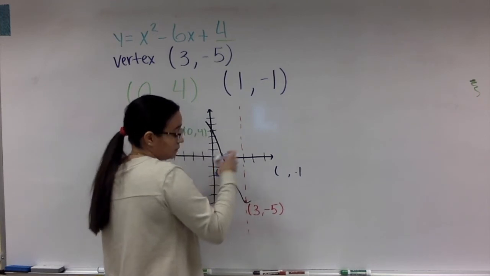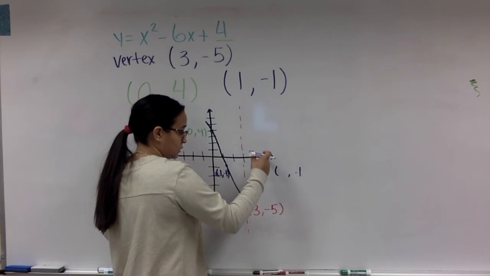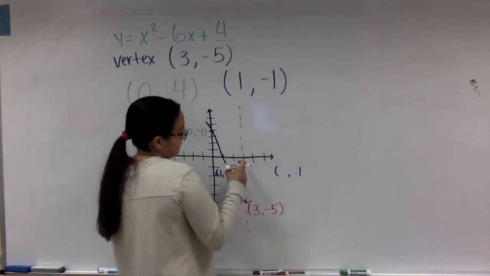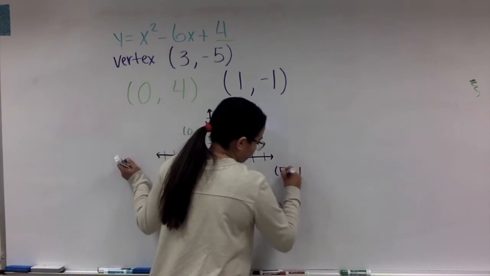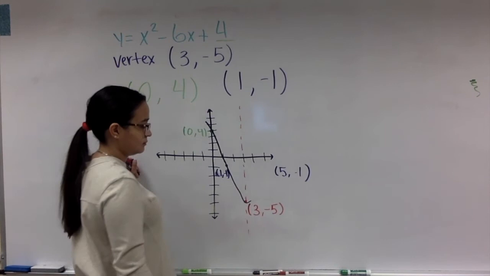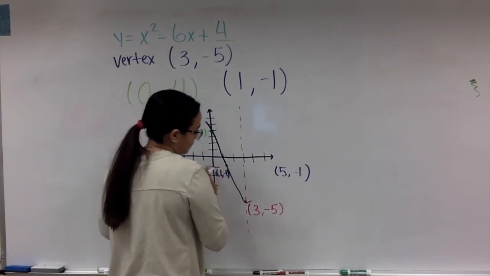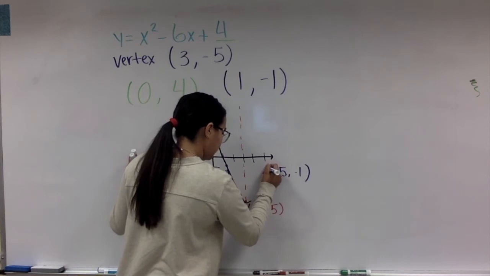So we should do the same thing to the other side, but in the opposite direction. So 1, 2. That leaves me at 3, 4, 5 for x. So 5 and negative 1 would make my point be right here. Okay?